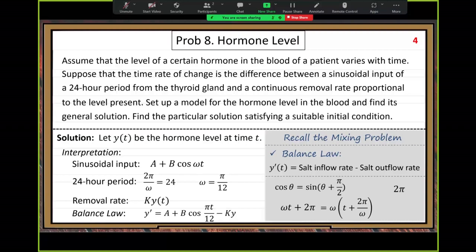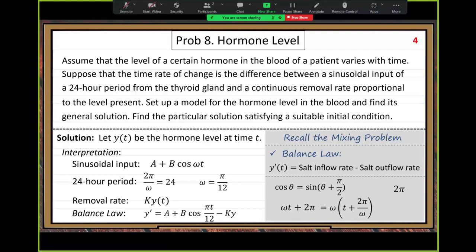Another comment I would like to make is that there are so many constants here: constant A, constant B, constant K. I do not do the whole solution here; you can see it in the textbook, but the solution is very complicated, so I'm afraid it's very hard to follow.